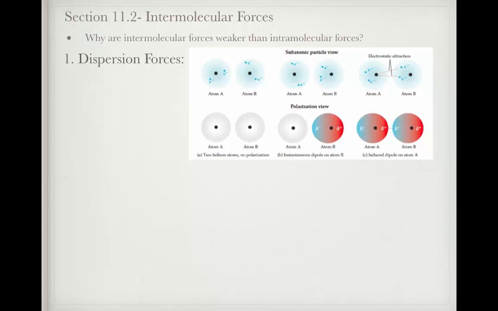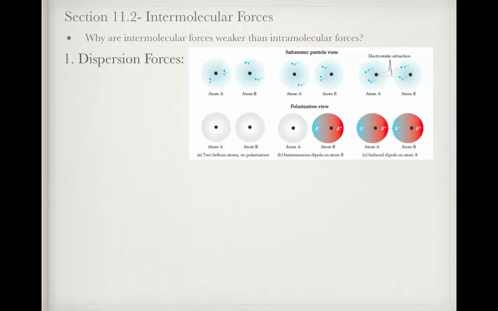Based on what we learned previously, that means the left-hand side of the atom is now partially negatively charged, which means the right-hand side, which has lost those electrons, is now partially positively charged. So now we suddenly have a polar atom, and that's instantaneous because it will go back to being not polarized just as easily as it became polarized.